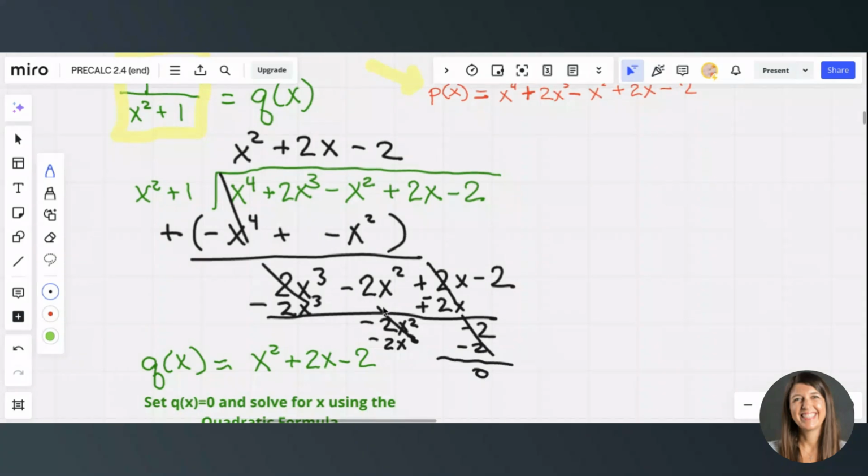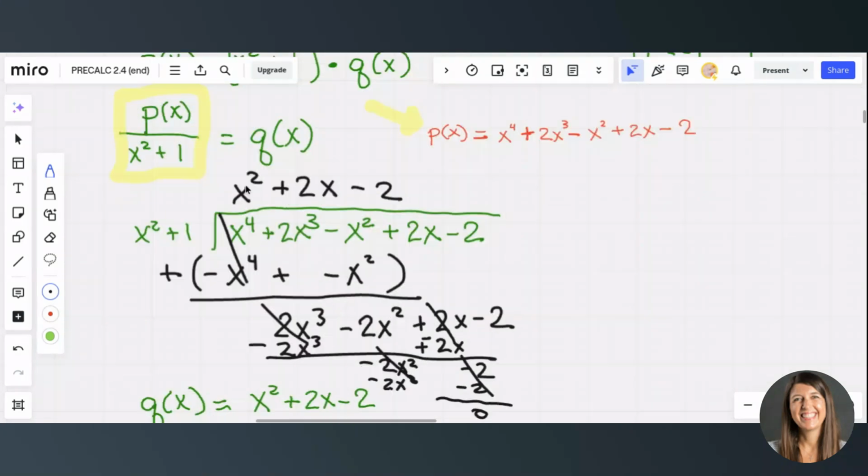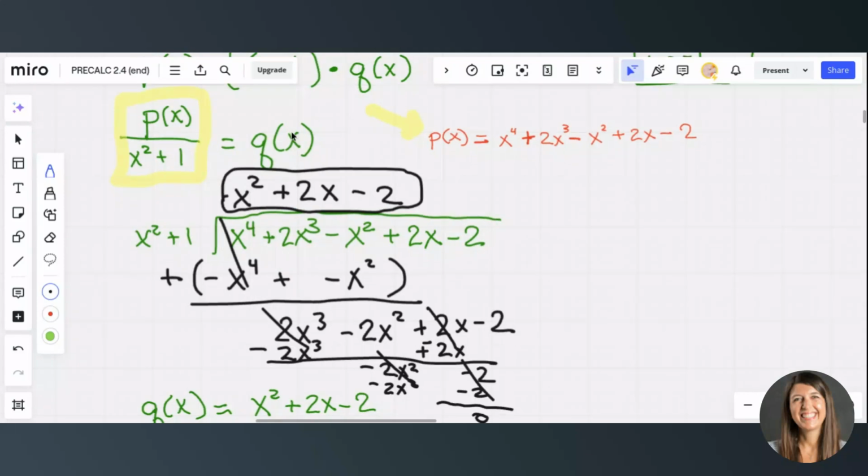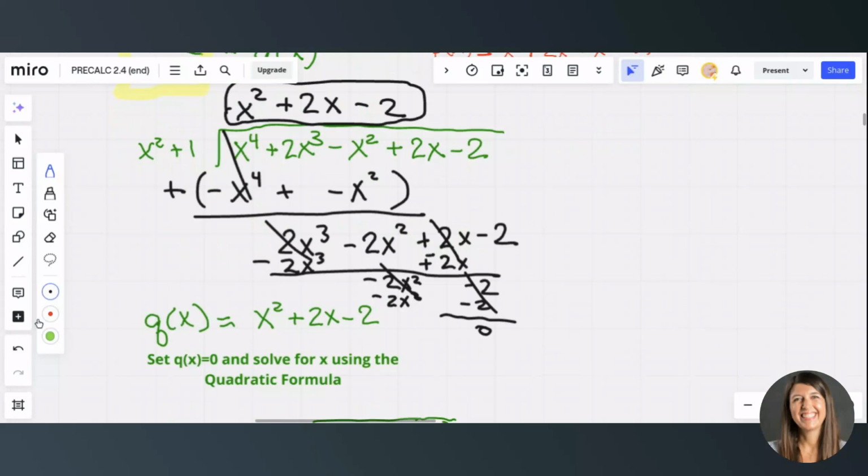Okay? So my answer for all this long division was x squared plus 2x minus 2. So I'm going to write that that's what we got for q of x, right? So q of x is x squared plus 2x minus 2. That's what we just solved for.